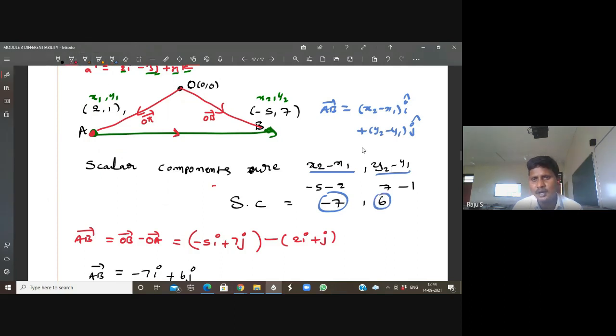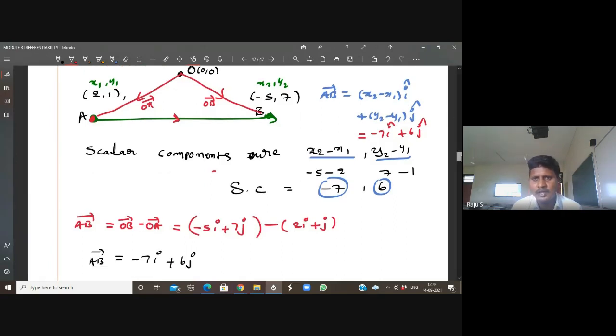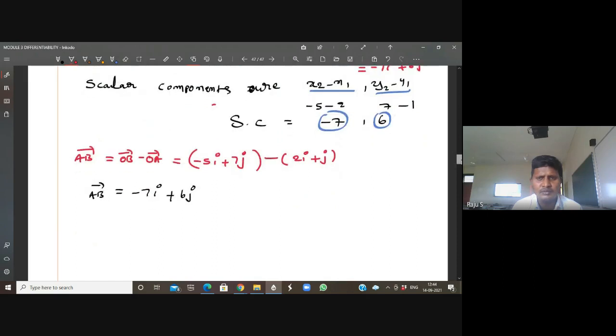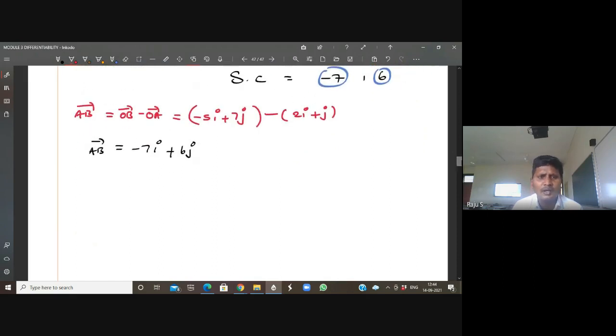So finally the answer is minus 7 i cap plus 6 j cap. That's all. Either you can do it this way, AB vector is equal to OB minus OA vector, or else with the help of the points, AB vector is equal to x2 minus x1 into i cap plus y2 minus y1 into j cap. You can do any one of the ways. Fine. Here we got vector AB.